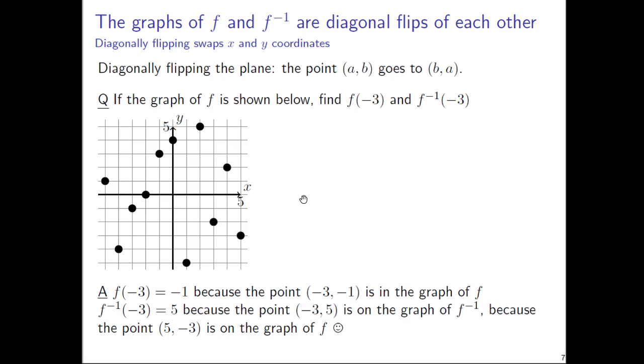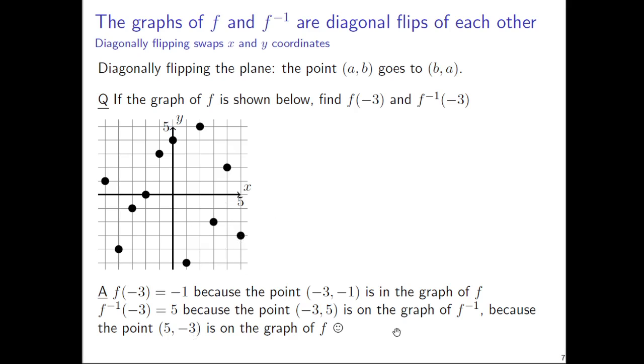So f inverse of -3 is given by this point right here. The point is that there's this point (-3, 5) on the graph of f inverse. We've kind of inverted how the language looks, so maybe we'll start backwards here. The graph of f, which is shown here, has the point (5, -3). That's this point here.